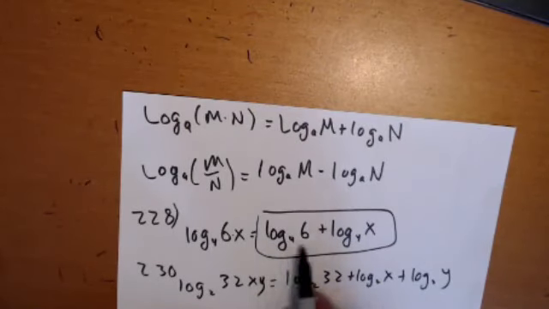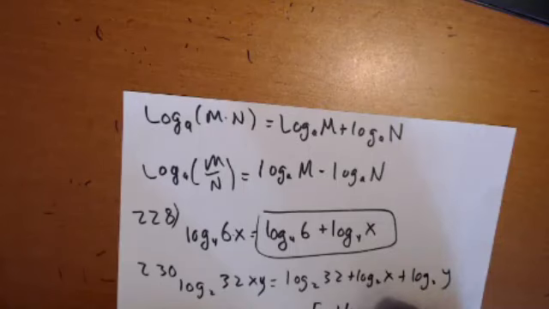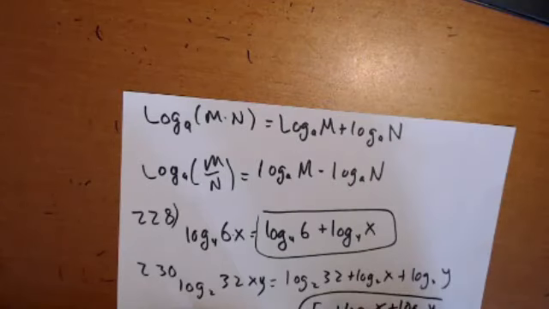Log base 4 of 6 is not simplifiable, since 4 to any power doesn't give me 6. But log base 2 of 32: 2 to what power gives me 32? 2 to the 5th. So log base 2 of 32 is 5. Plus log base 2 of x plus log base 2 of y. And there's our answer.